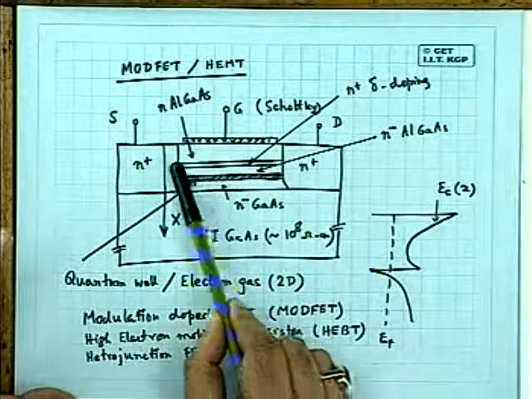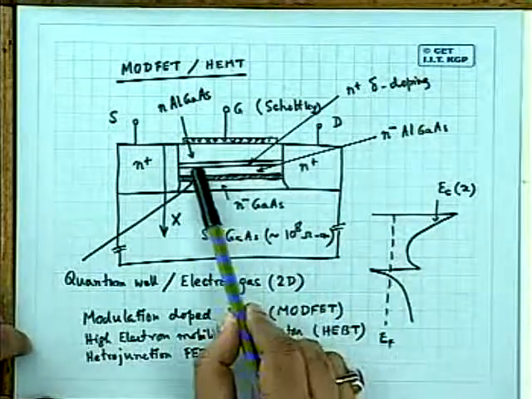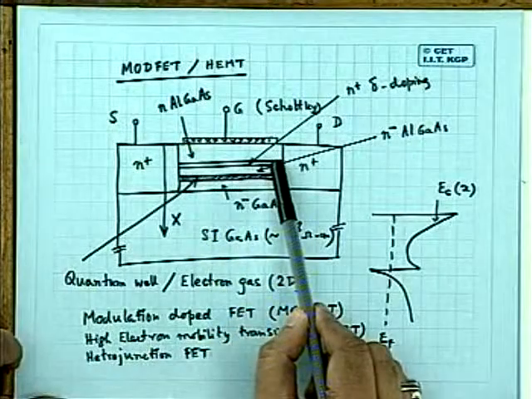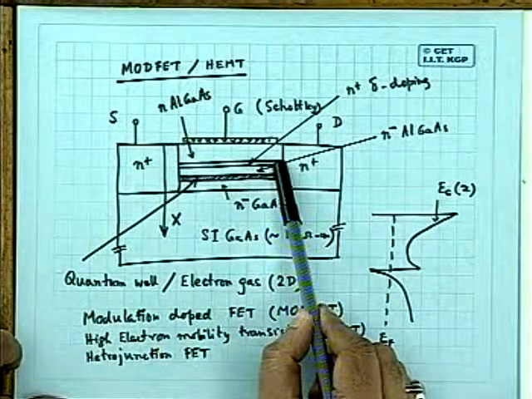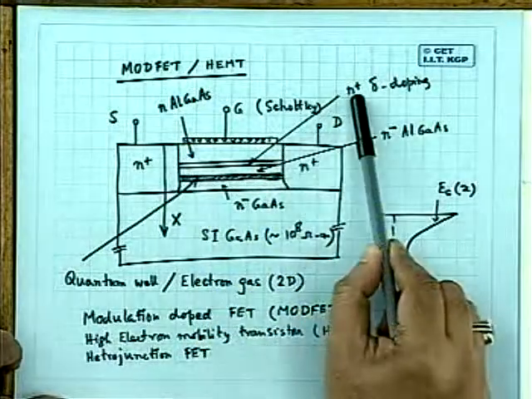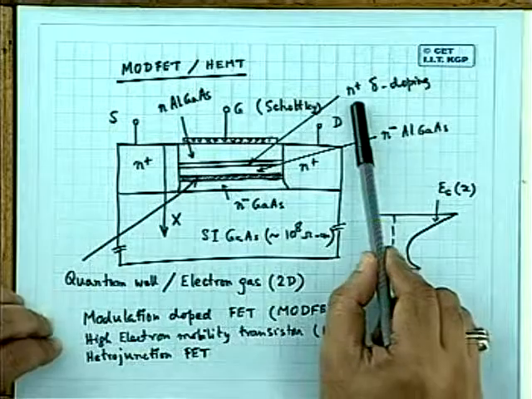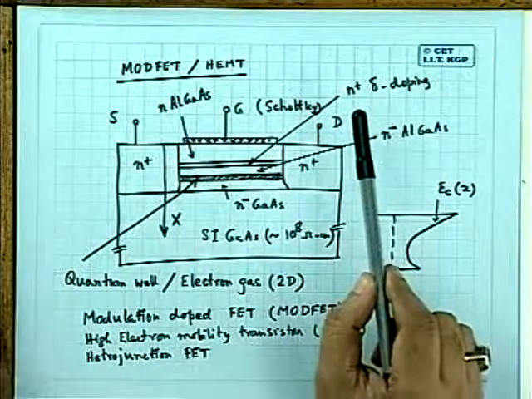This is not essential, but in this kind of technology, I have shown a delta doped process where a very thin layer, around 10 angstrom, 20 angstrom, is doped heavily by a very special technique by an N-type dopant.